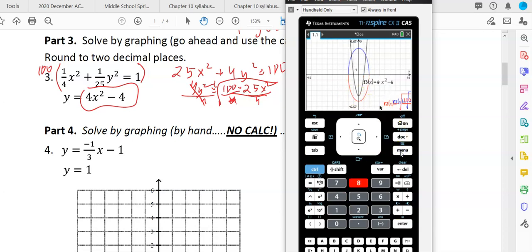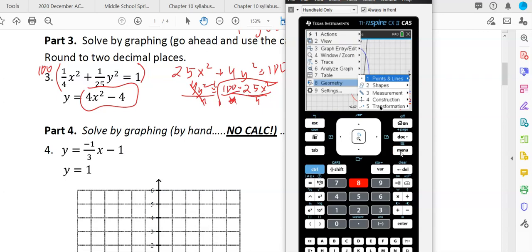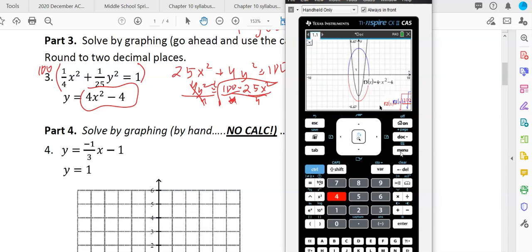Okay, so I see it does cross twice here. So menu 8, range, number 4 is intersection point. Click there, and you get the 2 intersection points. I guess your 2 answers would be those 2 ordered pairs, right?